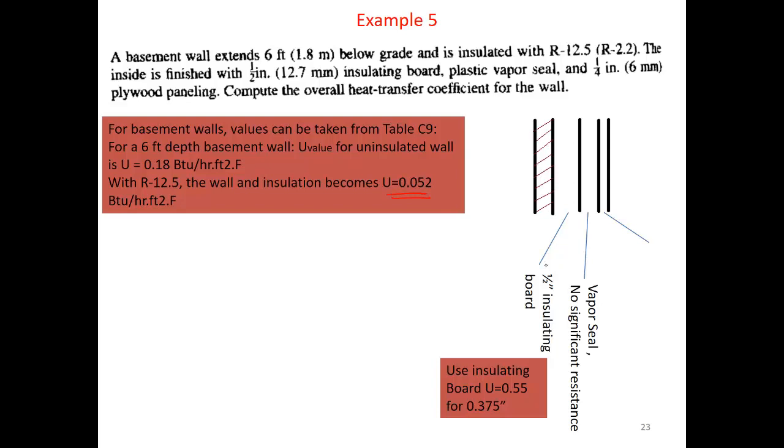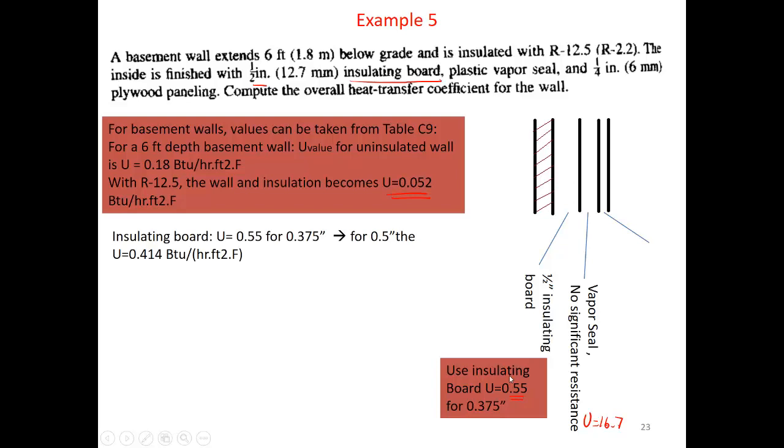Then for the half-inch insulating board, let's see, what do we have here? The half-inch insulating board, we'll go to table C1, and we'll see that. And then the plastic vapor seal, if you remember, I said we're going to neglect those, but this turns out to be almost, it has a U value of 16.7. This turns out to be 0.55. And then what do we have, the last one?